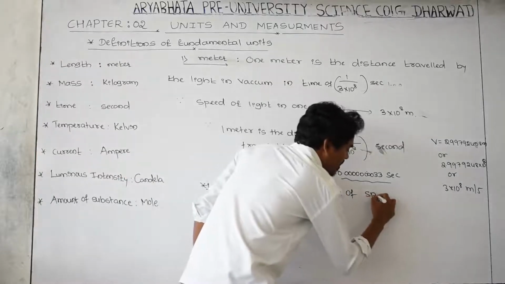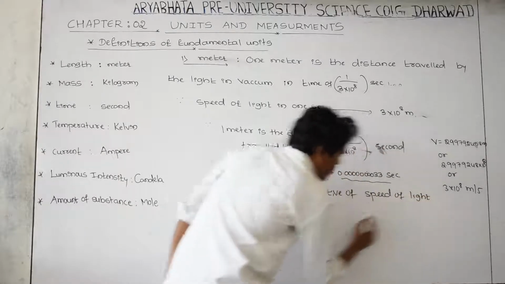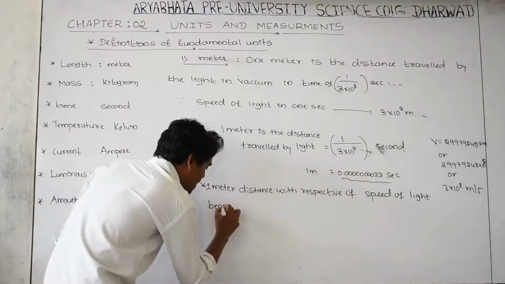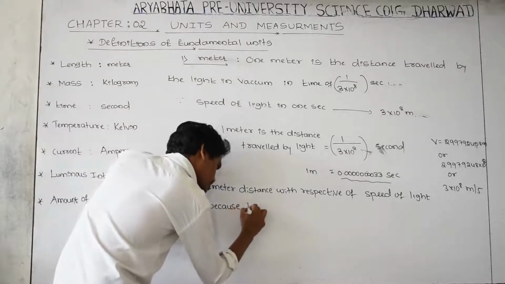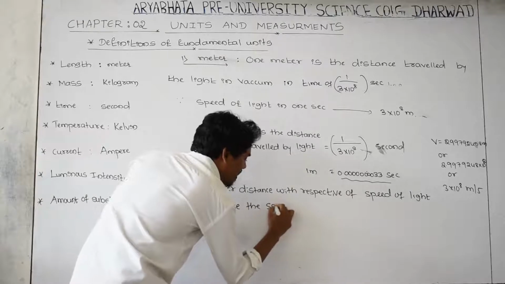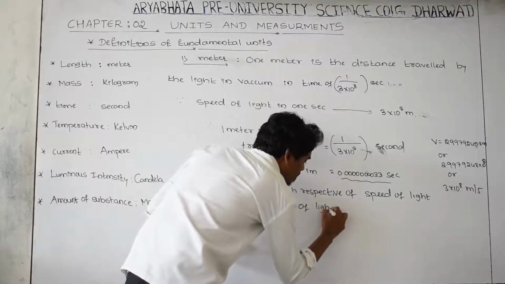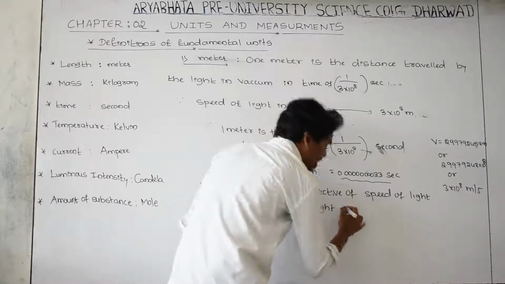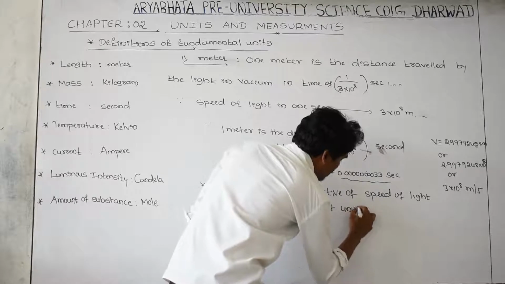Because the speed of light in the universe, everywhere, whatever place or corner of the universe, is accurate.